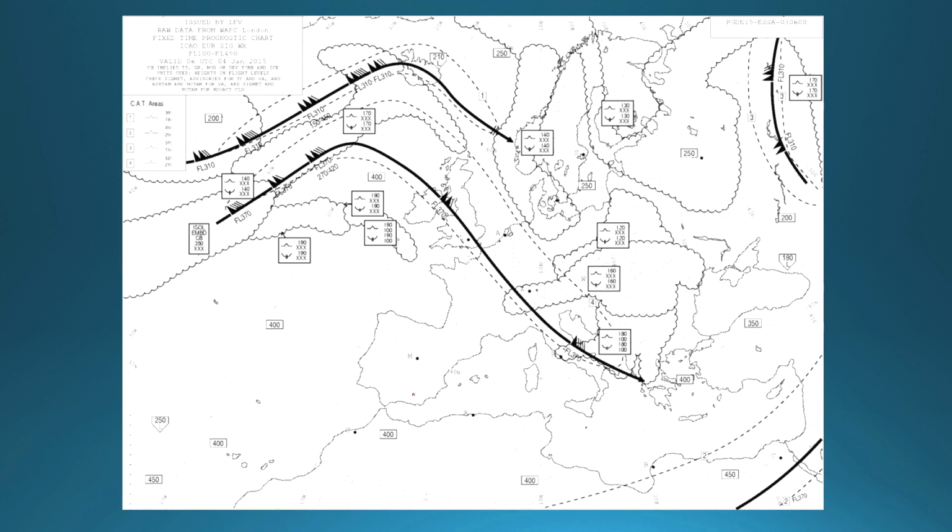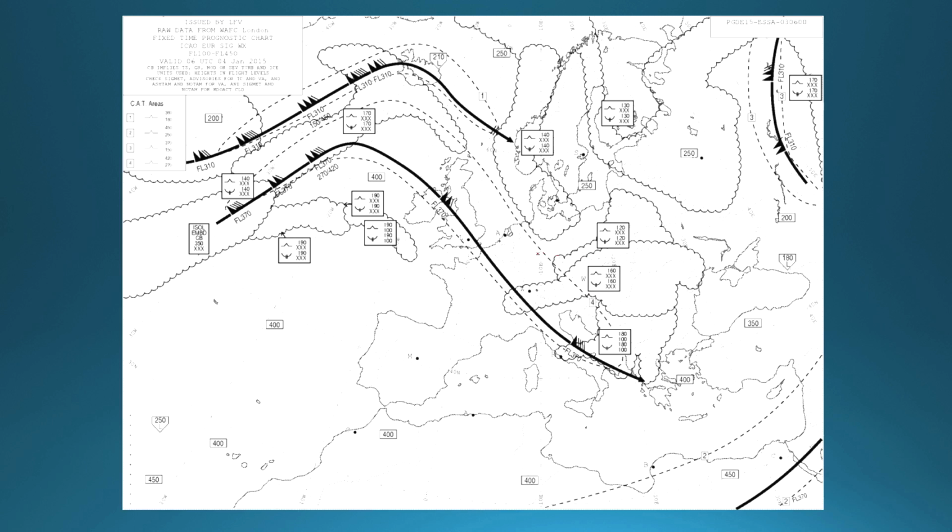If we go back to our chart, we can see a lot of things. Here over the Atlantic Ocean, we have these isolated embedded cumulonimbus clouds, again from flight level 350 towards somewhere below flight level 100. We have this huge jet stream over here. Then we have some icing conditions over here.